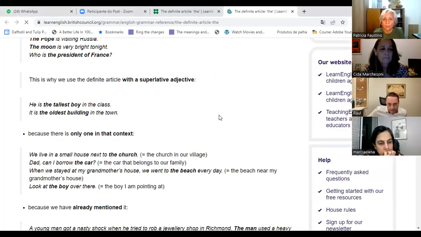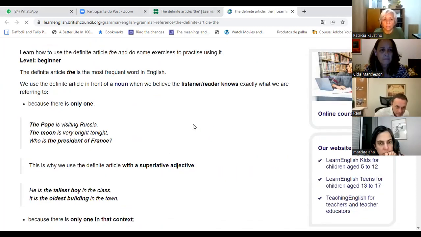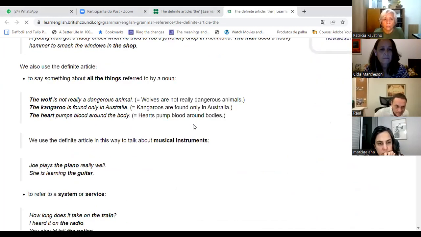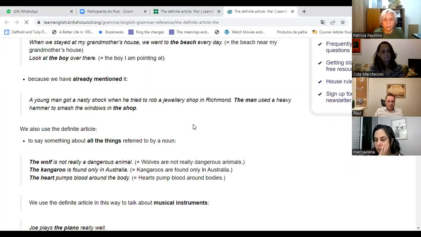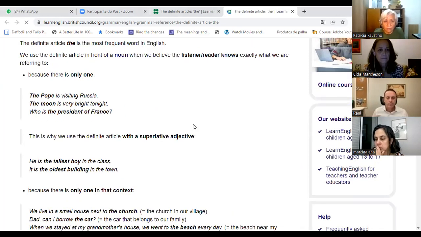Well, okay, here it goes. Right here, can you see the beginning rules are for beginner level, for the first semesters of English. So all this is beginner level. Then we have intermediate level.